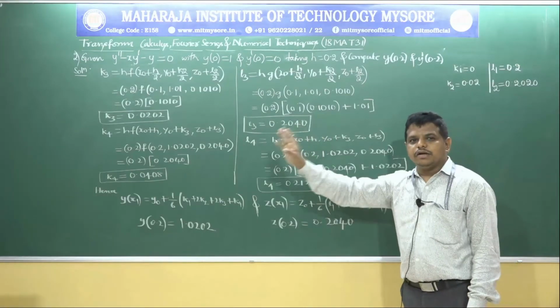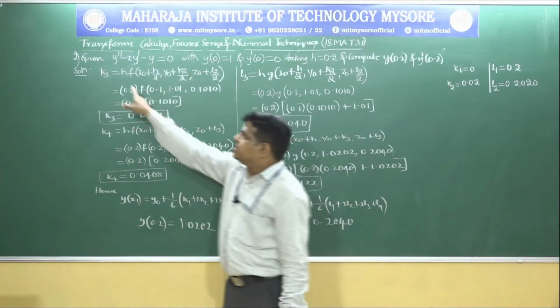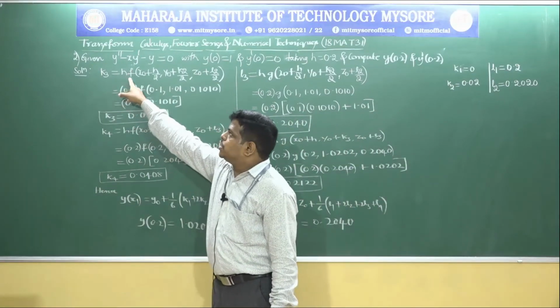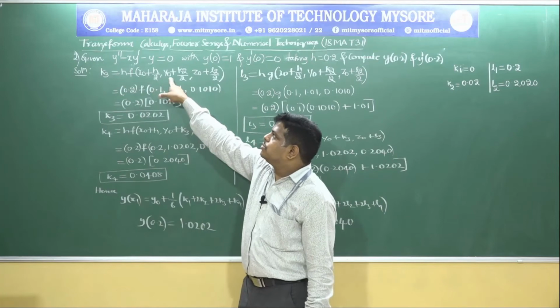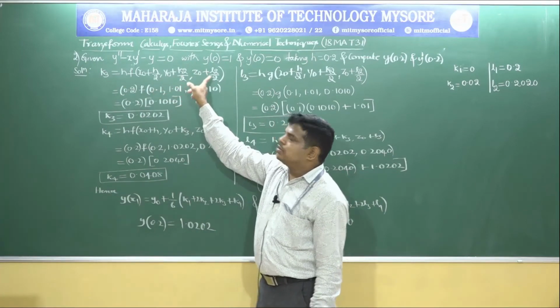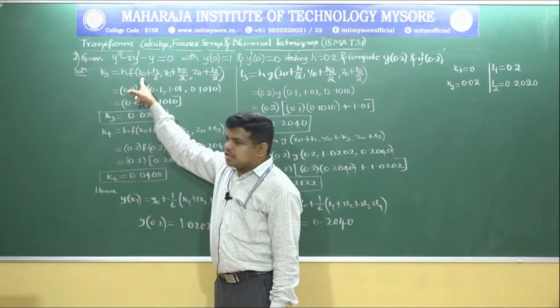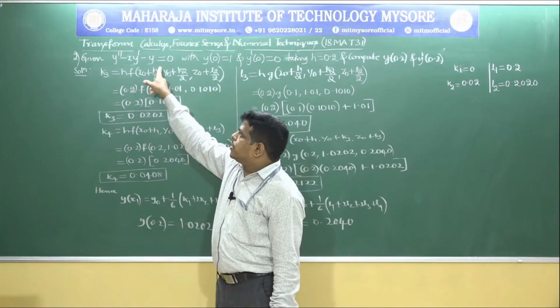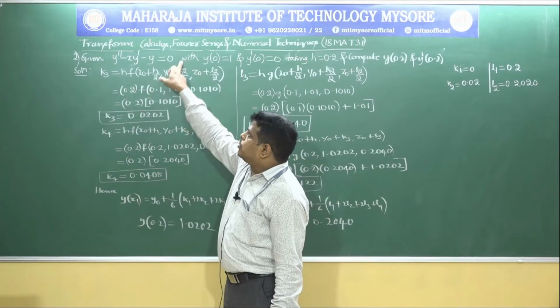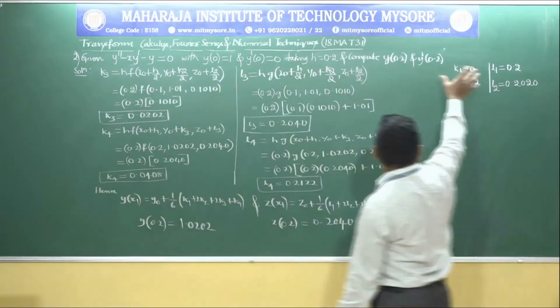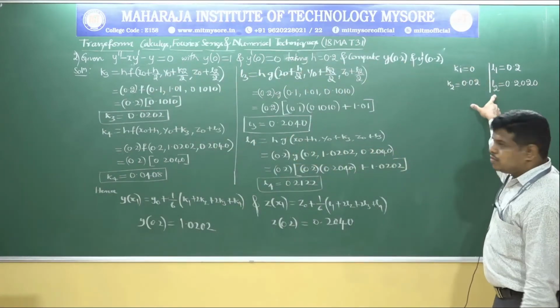After finding K1, L1, K2, L2, now I am finding K3. K3 is given by h into f of x naught plus h by 2, y naught plus k2 by 2, z naught plus L2 by 2. Next, h is 0.2. Since x naught is 0, h by 2 is 0.2 by 2, we get 0.1. Next, y naught plus k2 by 2. I have written k1, k2, L1, L2 values here.